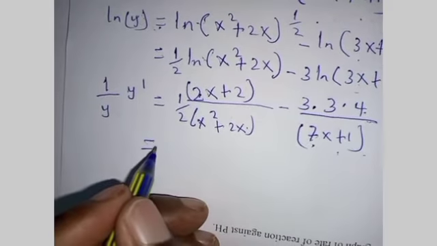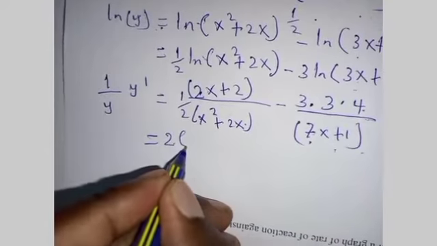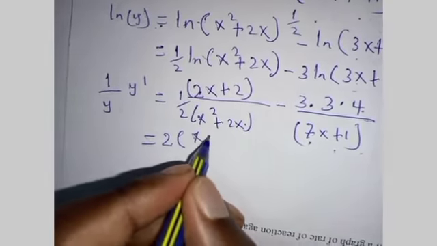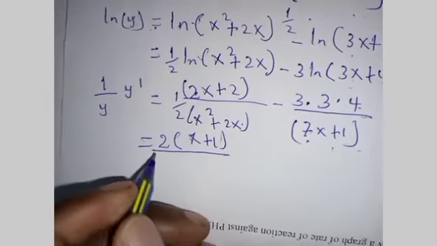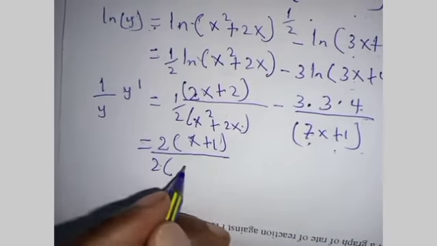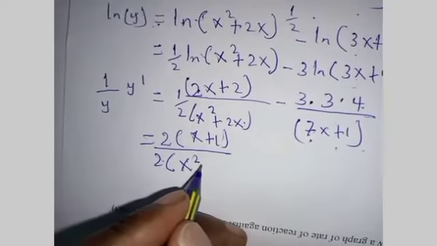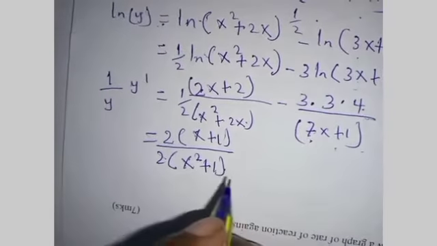Which is equal to, so here we can factor 2 into bracket x plus 1 divided by 2 into bracket x squared plus 1.